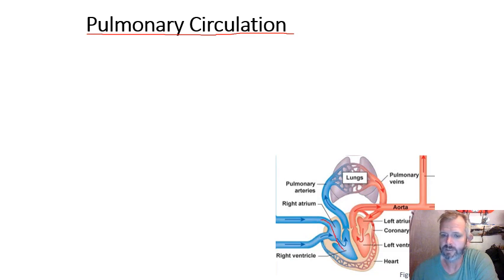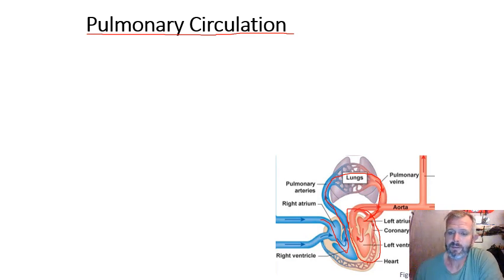We have the right atrium, right ventricle, and then up to the lungs, and then back to the left atrium, back to the heart, and then we get the systemic. So we're looking at the flow of blood through this region here. If we remember from cardiac, cardiac output at rest is about 6 liters of blood per minute.